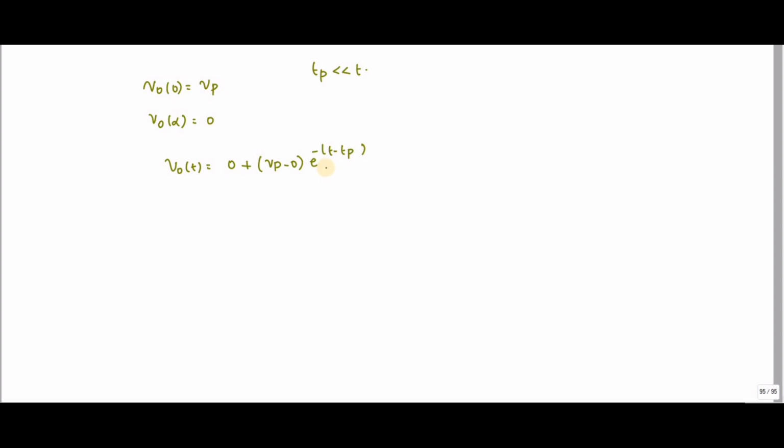So if I substitute, I will get Vp of e power minus t minus TP by RC. Here this tau is nothing but RC, that is nothing but the time constant.